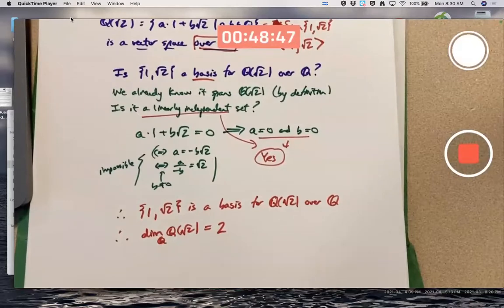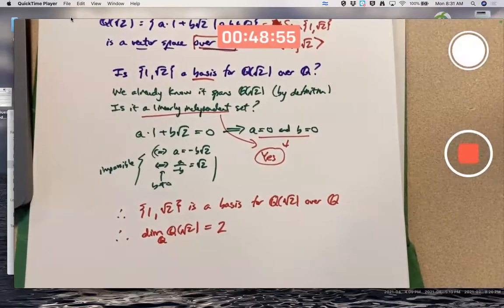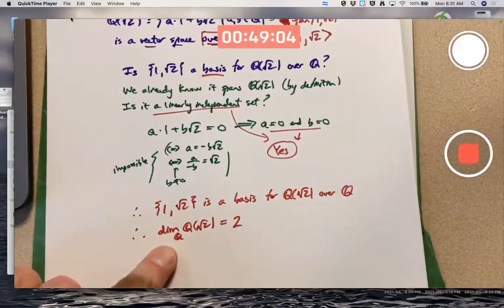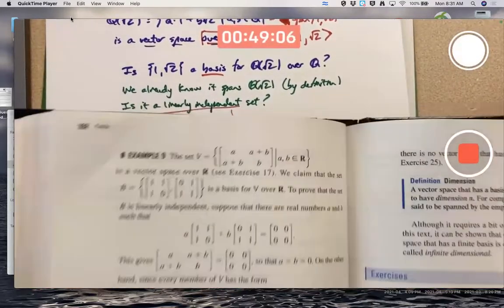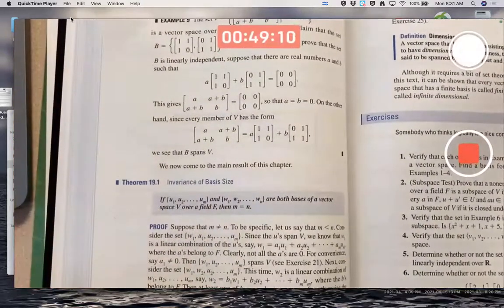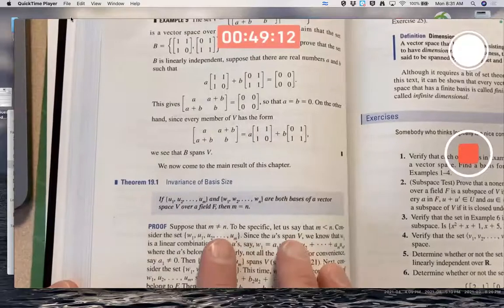It's a theorem. In fact, it's the only theorem listed in chapter 19 that if a vector space has one finite basis, then any other basis of that vector space has got to have the same number of elements. That allows us to uniquely define the dimension of the vector space. This theorem right here is the only theorem in chapter 19.